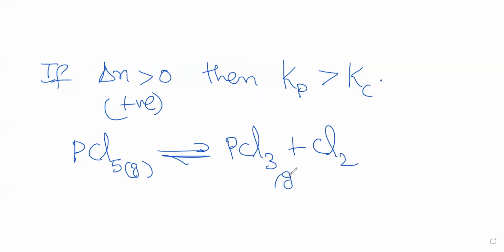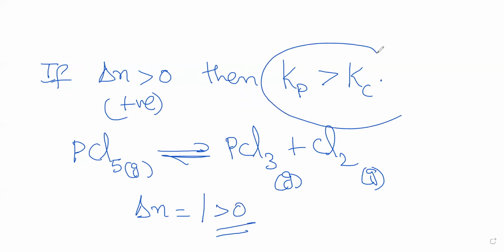These two are also gases. What is delta n here? Can anyone tell me? One, sir. Very good. So 1 is a positive quantity, greater than 0, so Kp is greater than Kc.